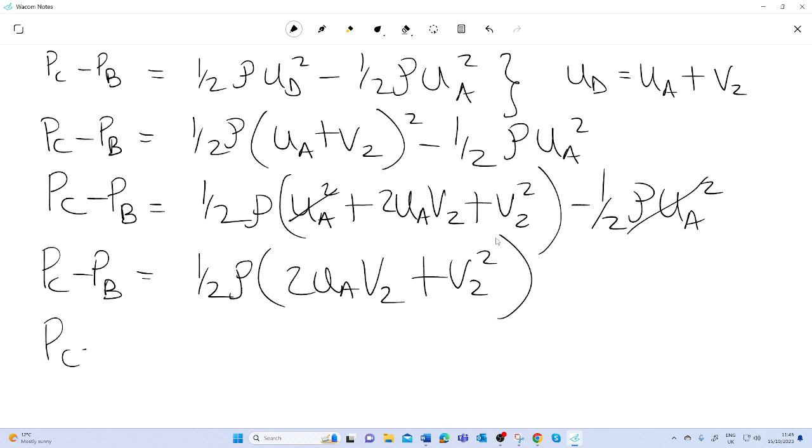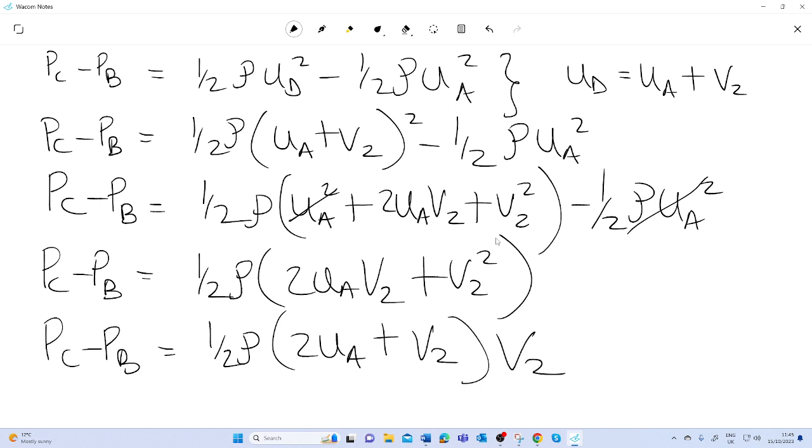Then our PC minus PB eventually becomes rho (2 UA plus V2) V2.